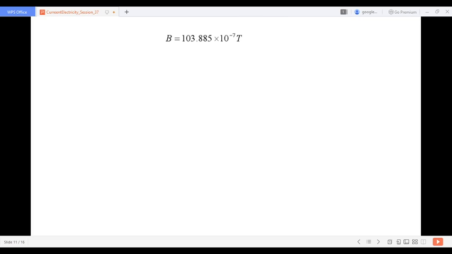The calculation gives you B equivalent to 103.885 into 10 raised to minus 7 Tesla, which can also be written as 1.03885 into 10 raised to minus 5 Tesla.